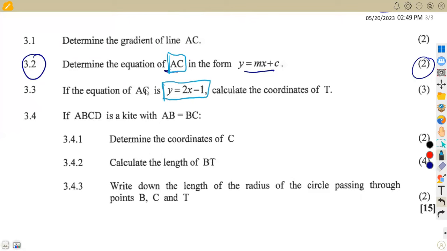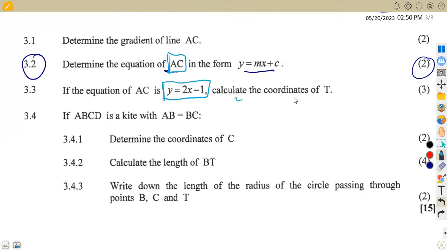So it must be a wake-up call for you: if you calculated the equation of AC and got another answer which is different from this, redo the question and try by all means to obtain it, because you already have the answer. All right. Anyways, that is not part of the question.